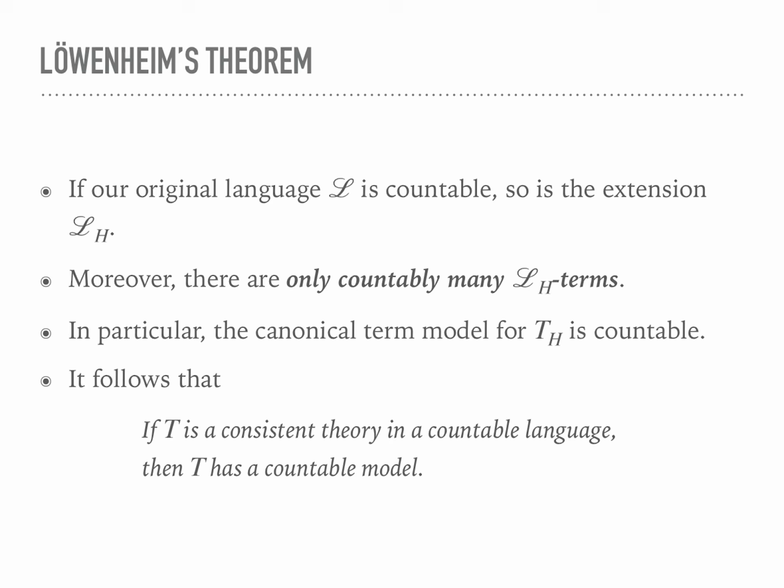And then in particular, this means the canonical term model for TH is countable, because it's made up of equivalence classes of the constant terms, of which there are only countably many. So that means the canonical term model is countable, and it follows that if T is a consistent theory in a countable language, then T has a countable model.